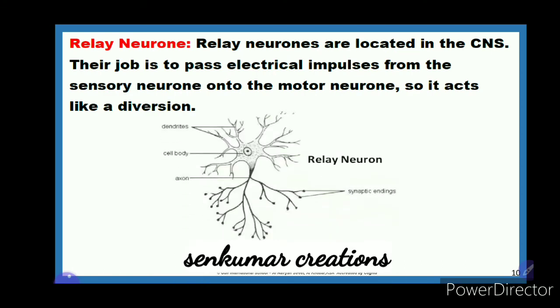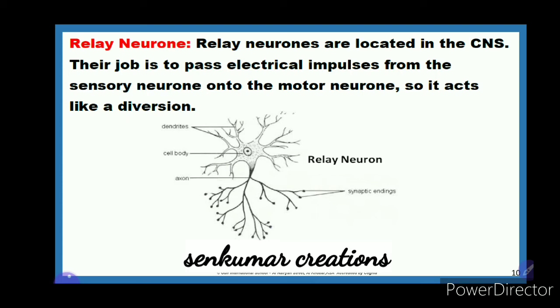It is located in the brain. The sensory neuron brings the information to the brain, and this information is transmitted to the motor neuron by the relay neuron. So it connects the sensory neuron with the motor neuron. It's like a bridge between the sensory neuron and the motor neuron.